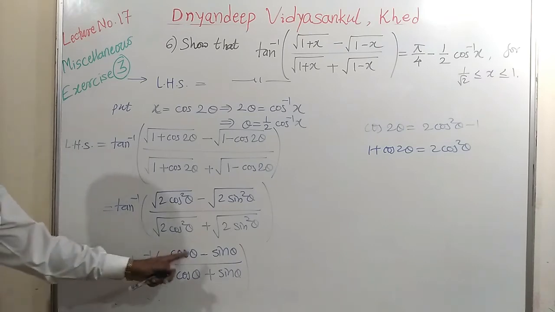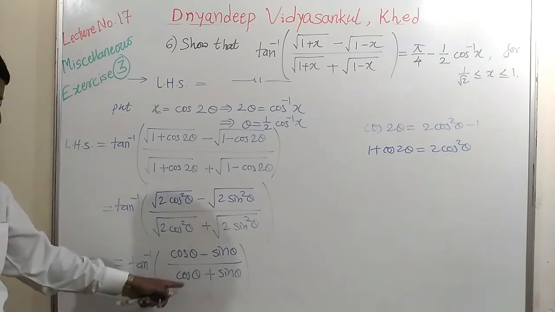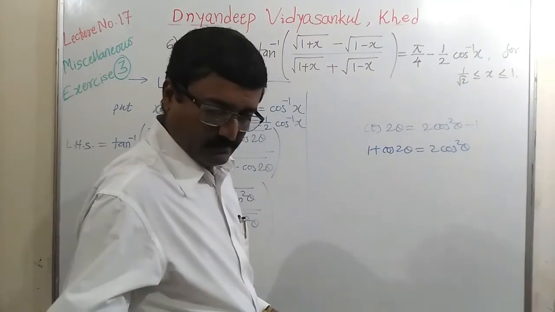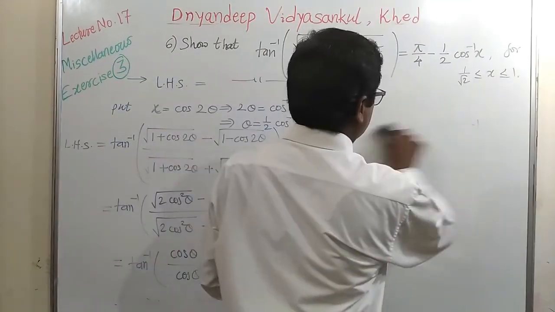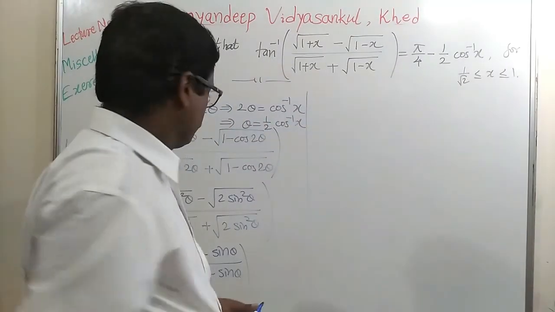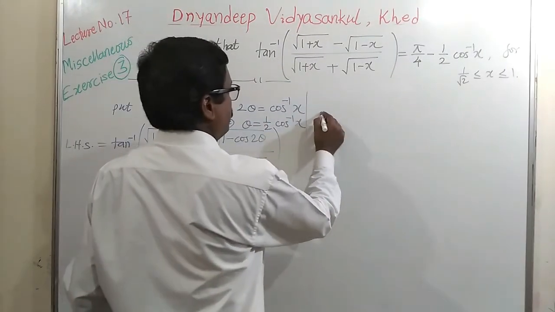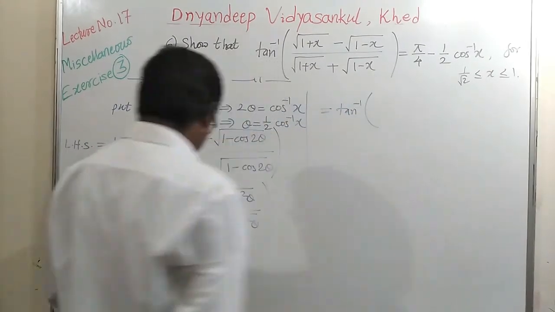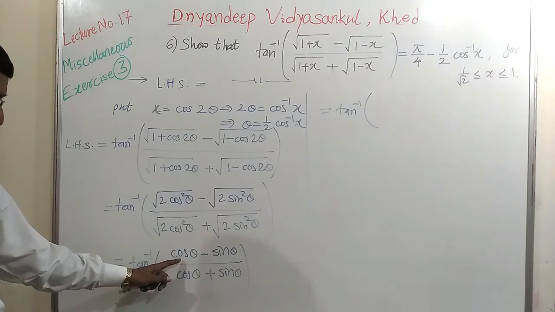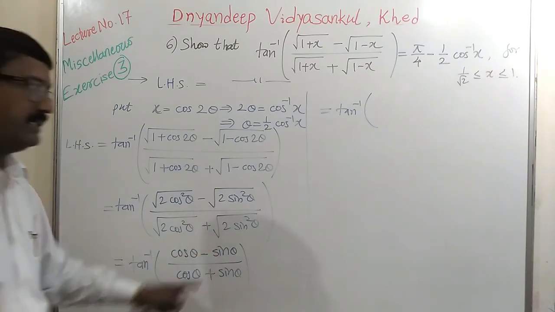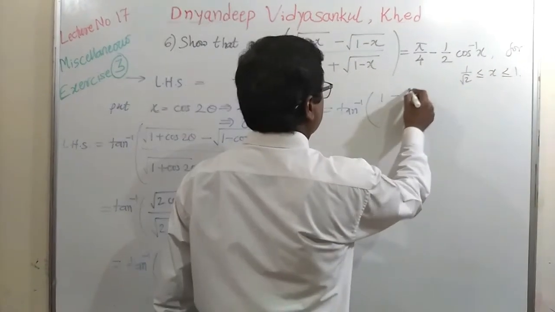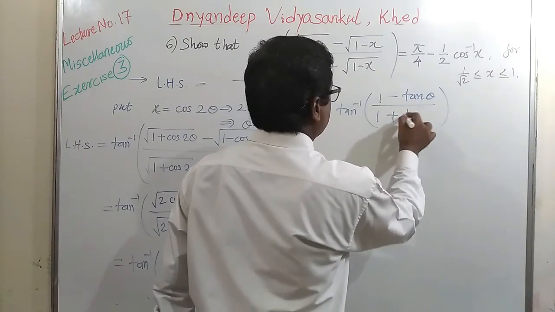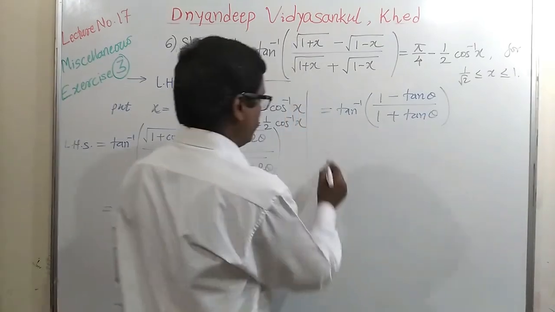So we get this. Now divide each term by cos theta. We get tan inverse of, dividing by cos theta, 1 minus sin theta upon cos theta is tan theta. So 1 minus tan theta upon 1 plus, similarly, tan theta.